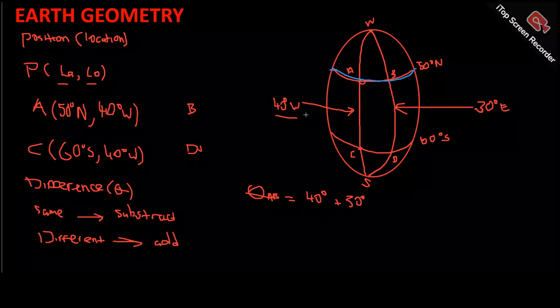Now we can see that the signs are different. This is west, this is east. So you're going to add. That's why I'm putting plus there. But in a case where the signs are the same, you subtract. In this case, we're adding, so we're going to have 70 degrees. Don't put anything as north, west, east, it's just an angle.